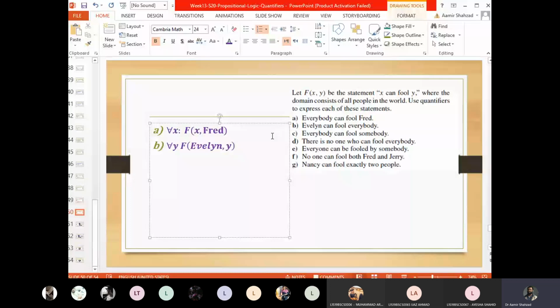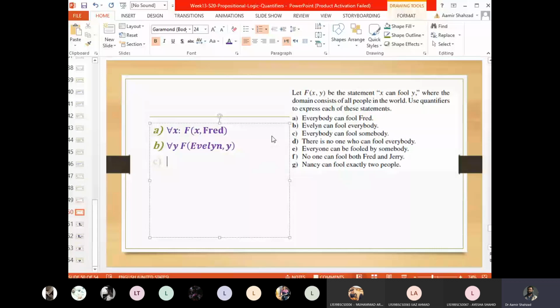Everybody can fool somebody. I think I will do this and I will stop, and then you. Okay, we can do two more, and then you can do the rest by yourself. Everybody can fool somebody. Who is going to fool is everybody, and who is getting fooled is somebody.